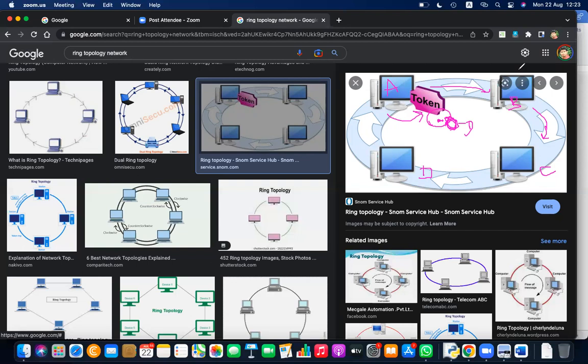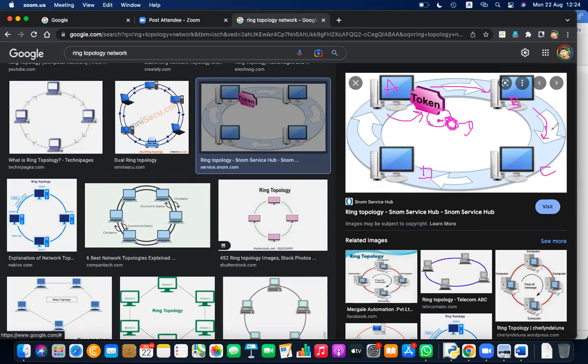But what about the collisions? What about the collisions? Collisions means the problems, crashes.